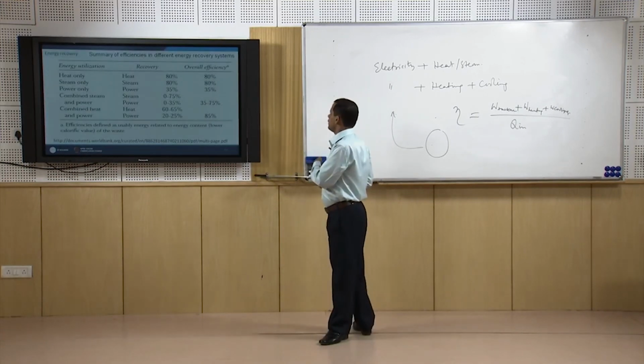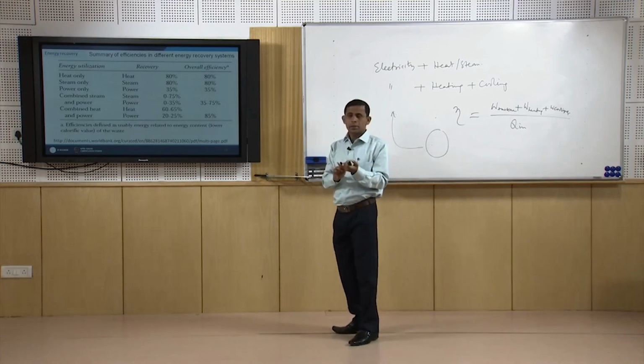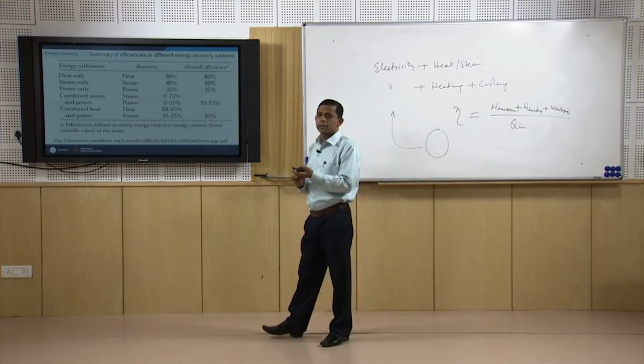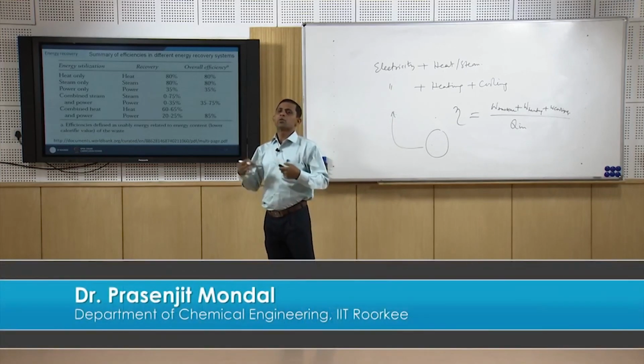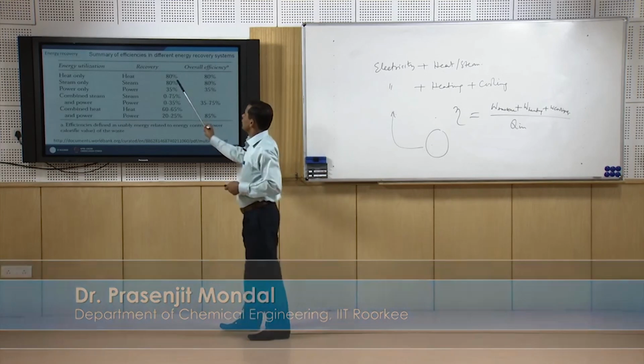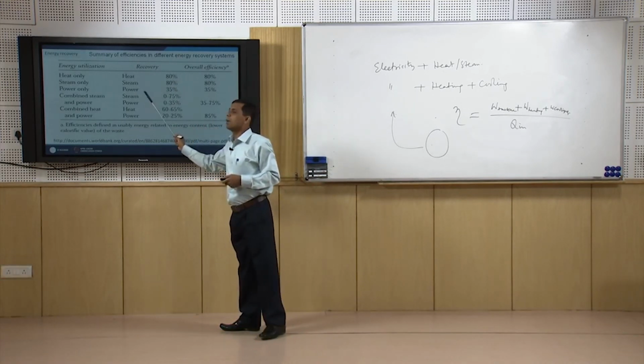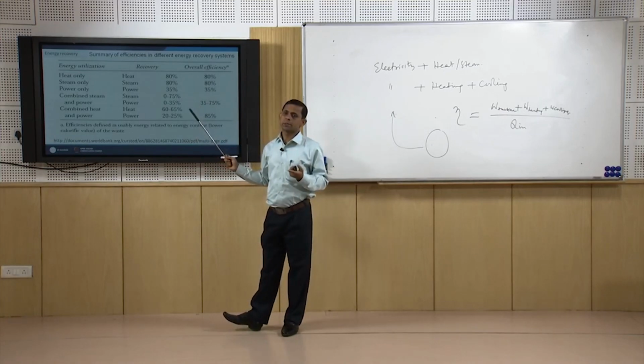This is an example of how the combination of steam generation, heat generation and electricity generation improves the efficiency. If it is only heat production, the maximum is 80%, steam 80%, but only power gives about 35% efficiency.